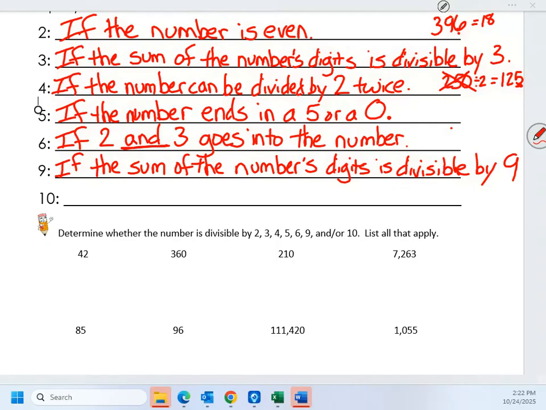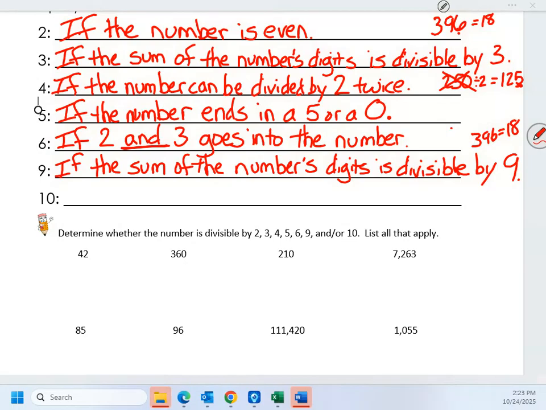So if I take that same number, 396, I added up those digits, and it was the 18. 18 is divisible by 9, so 396 is also divisible by 9. So again, just like with the 3, you add up all of those digits. If the total of those digits is divisible by 9, then the original number is divisible by 9. Just like finding if it's divisible by 3.